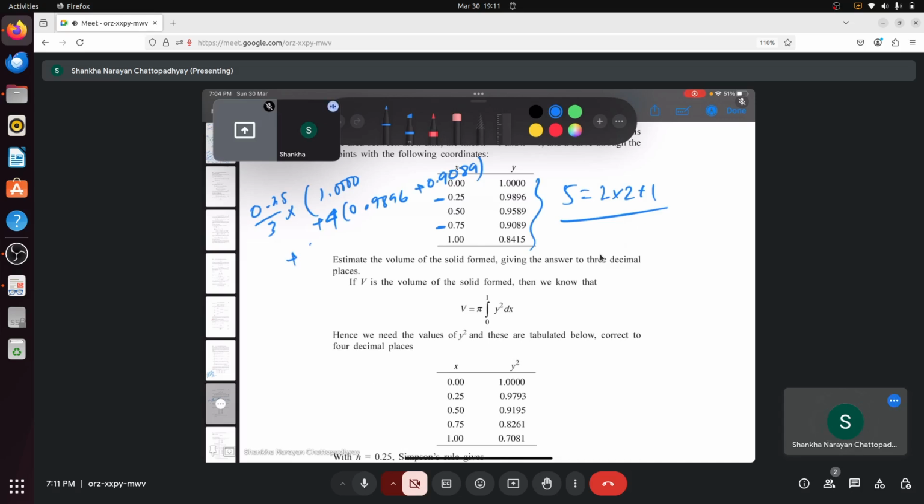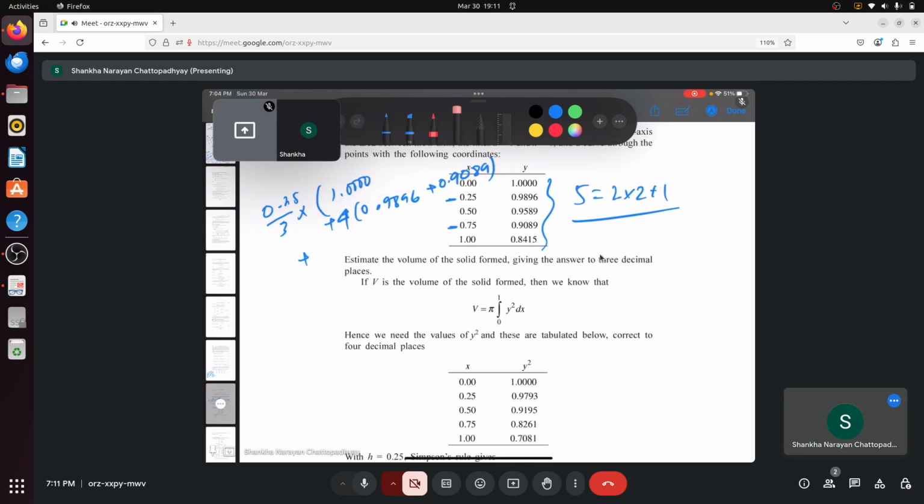Plus 2 times this term, 0.9589, and then lastly these two terms, this I have already written, and then once again 0.8415.